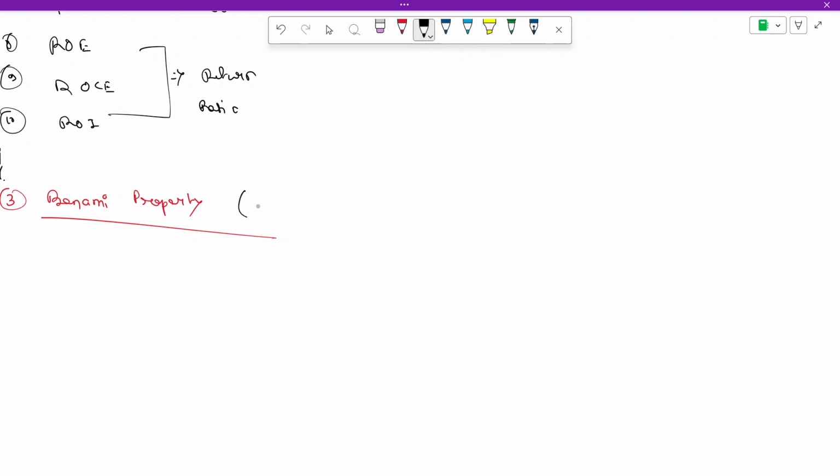Benami property means where proceedings are initiated or pending against the company.